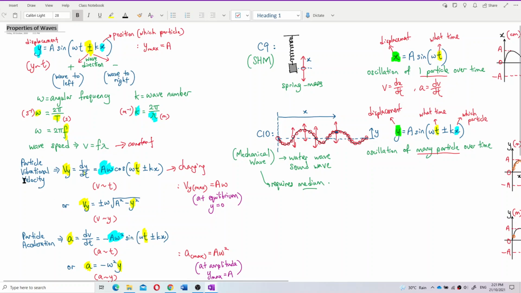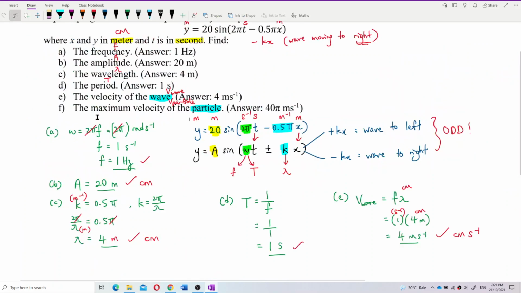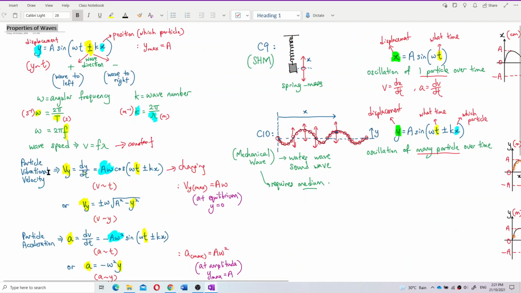Okay, so what is our maximum velocity of the particle? To get the maximum value, the maximum particle vibrational velocity is a omega.